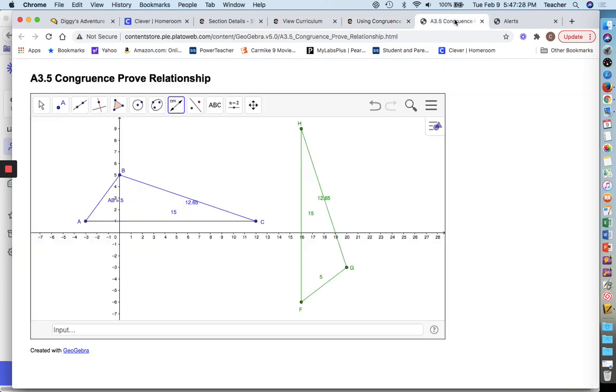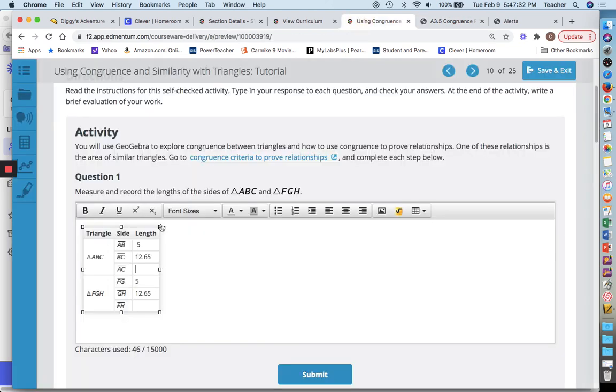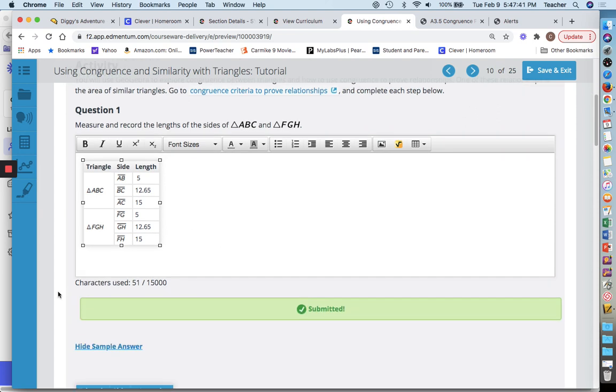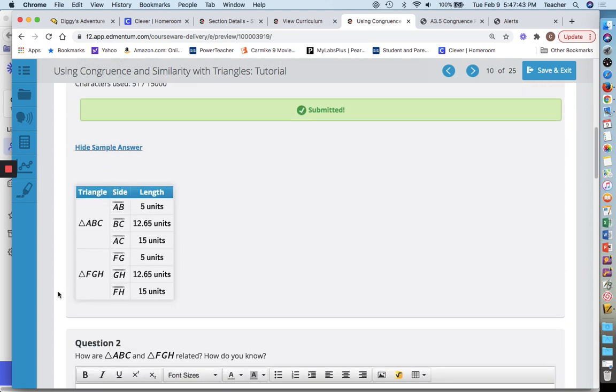AC was 15, HF is 15. So based on side, side, side, these two triangles are the exact same triangle. Not sure that's what they're asking, but that's what we know so far.